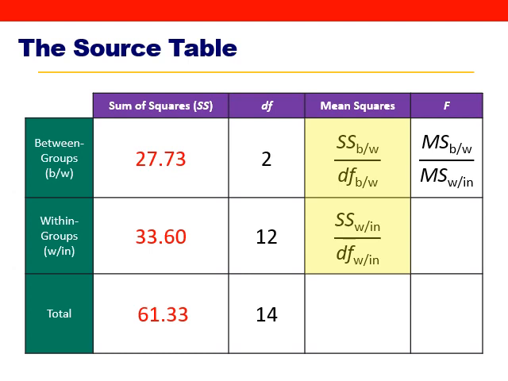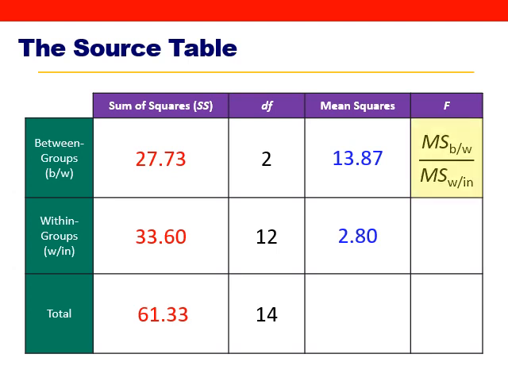So in each case, we're taking the red number on the left and dividing it by the black degrees of freedom to get the mean squares on the right. 27.73 divided by 2 gives us 13.87, and 33.6 divided by 12 gives us 2.8. Those will be our mean squares values, which are now shown in blue.